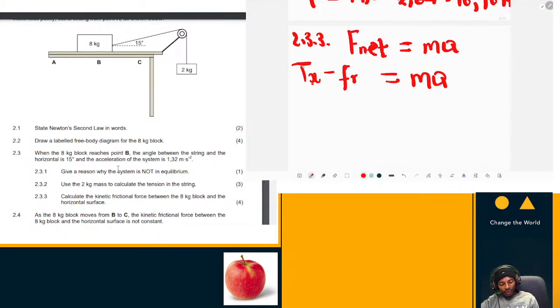But earlier on, we quantified this Tx to be T cos theta, minus friction, equal to ma.